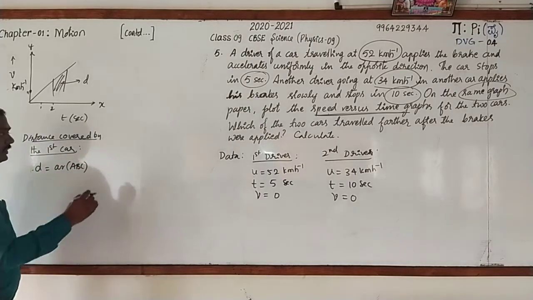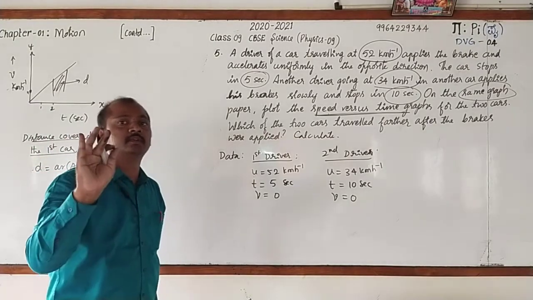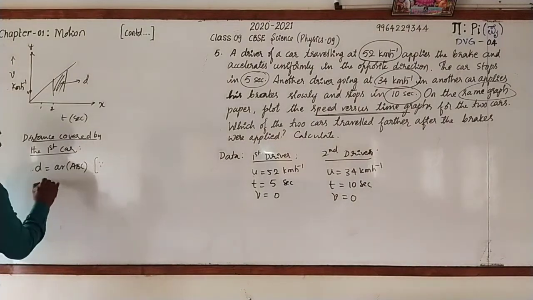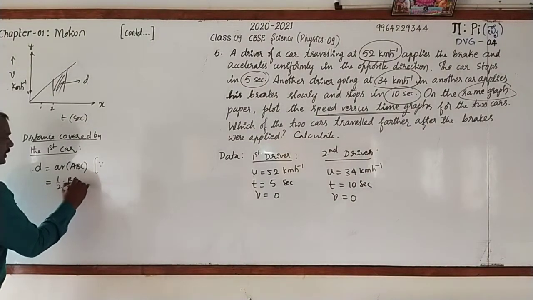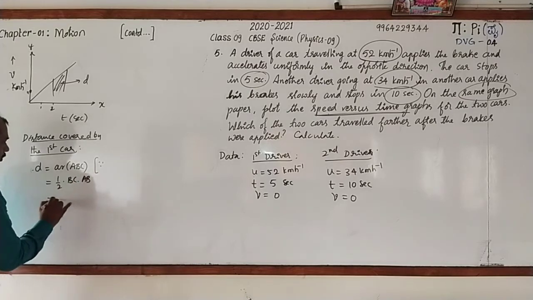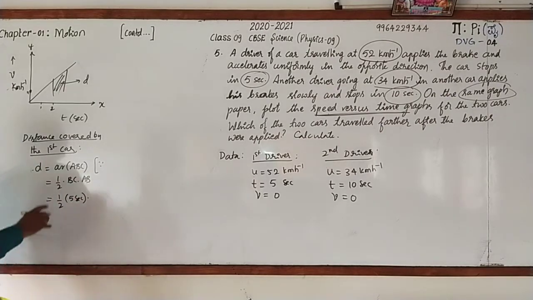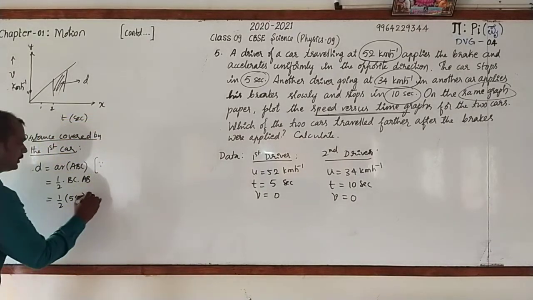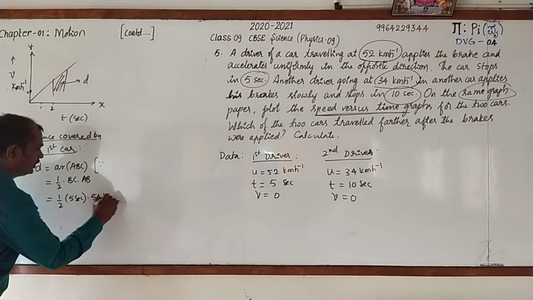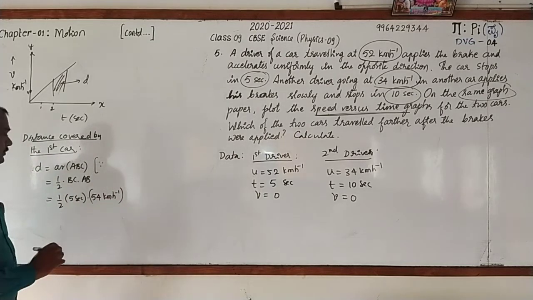You can write the reason in brackets: because the area under the VT graph is displacement. Next, the area of ABC is half into base into height. Base BC, height AB. What was the base? It is 5 seconds, right? Then for AB, we consider this height. It is 54 km per hour. This time I am writing with the unit.